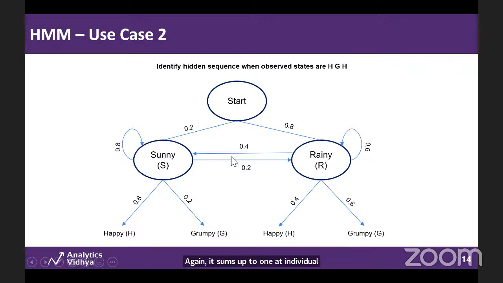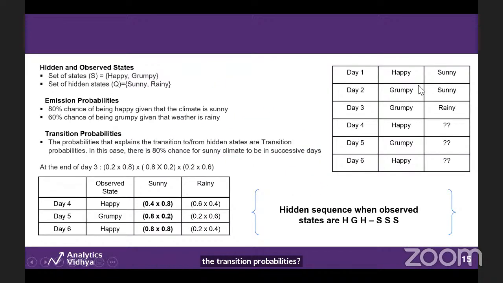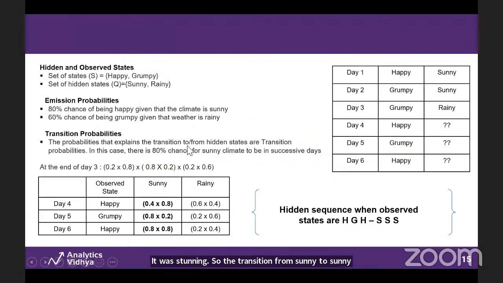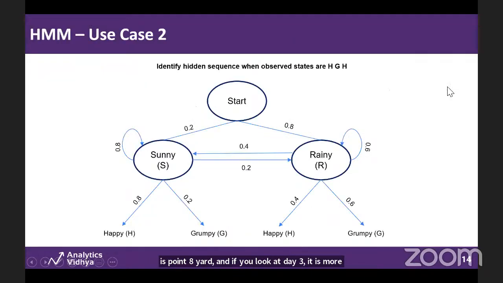So what about the transition probabilities? If you look at this example, on day 1 it was sunny. On day 2, it was sunny. So the transition from sunny to sunny is 0.8 here. And on day 3, it has moved from sunny to rainy, so from sunny to rainy, my probability is 0.2.